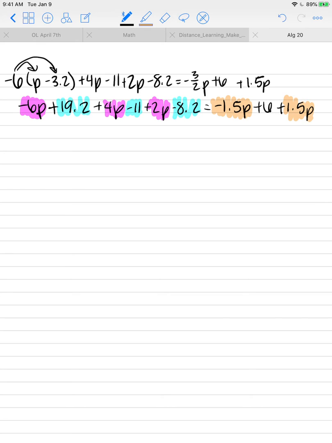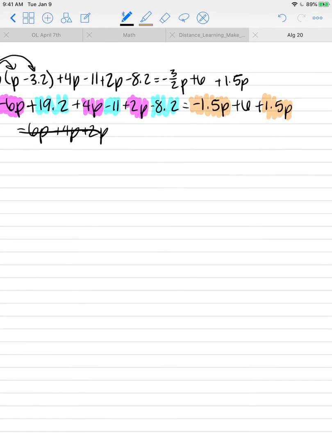So let's combine the like terms. I have a negative 6p and then a 4p and a 2p. Well, 4 plus 2 is 6, minus 6. Those would cancel each other out. And same thing with our variables on this side. Negative 1.5p plus 1.5p would also cancel each other out. That would add up to equal 0.